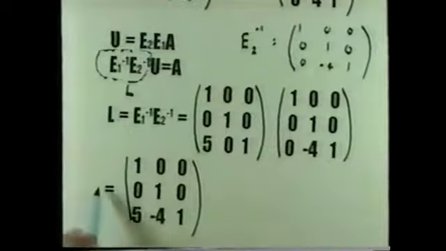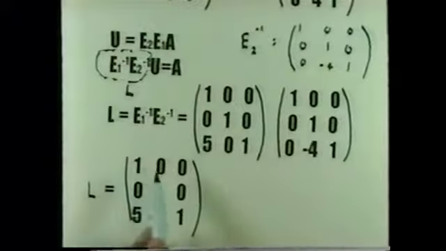So here is L: 1, 0, 0, 0, 1, 0, 5, negative 4, 1.